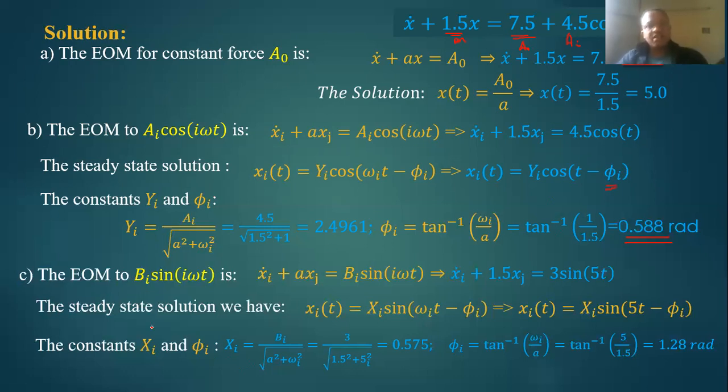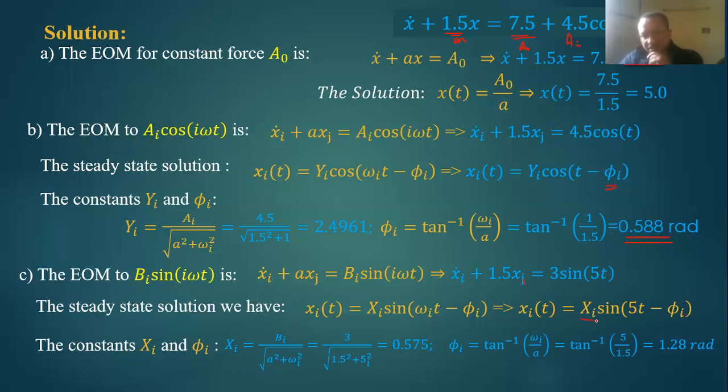Again, for the sine part of the component in the equation, we have the solution xi, which is equal to 3 sine 5t. The steady state solution for this is xi sine 5t minus pi.